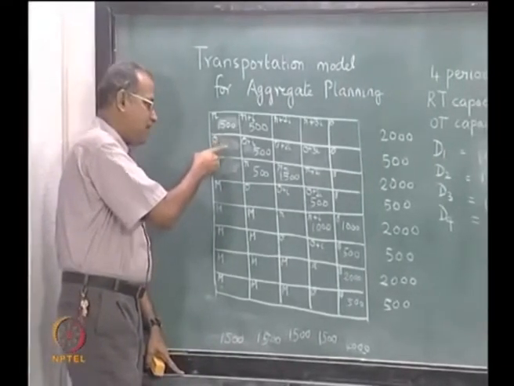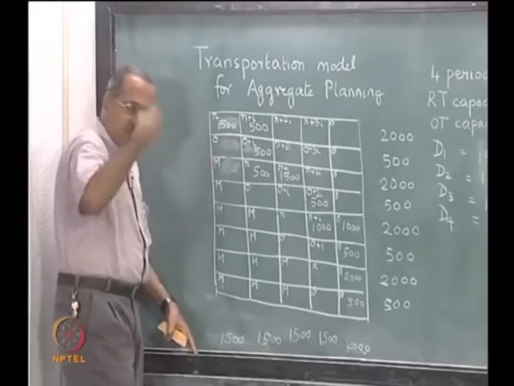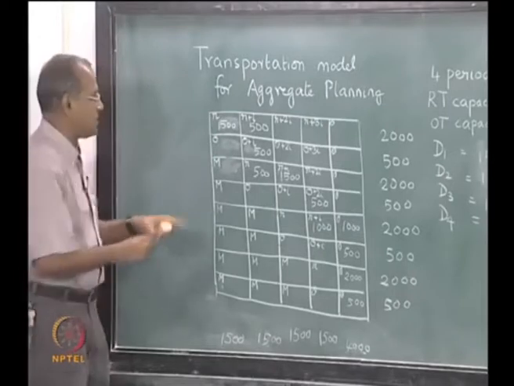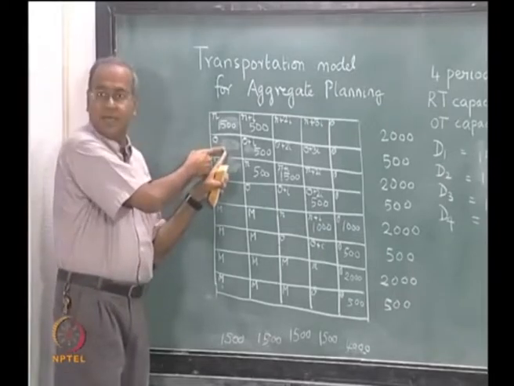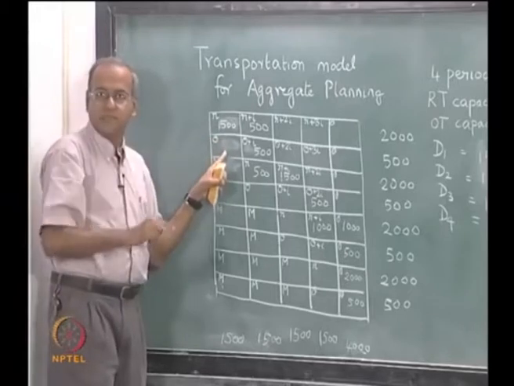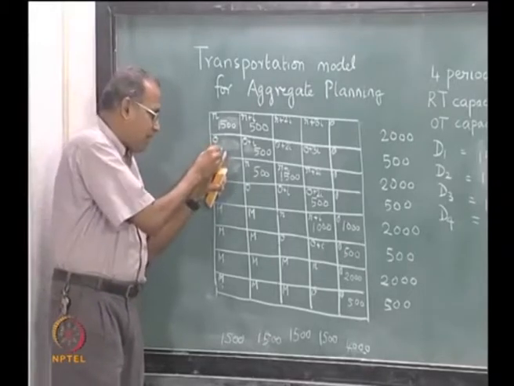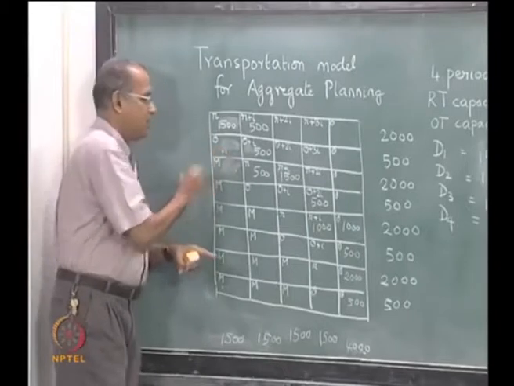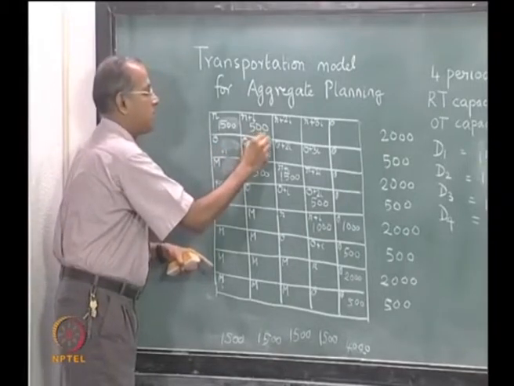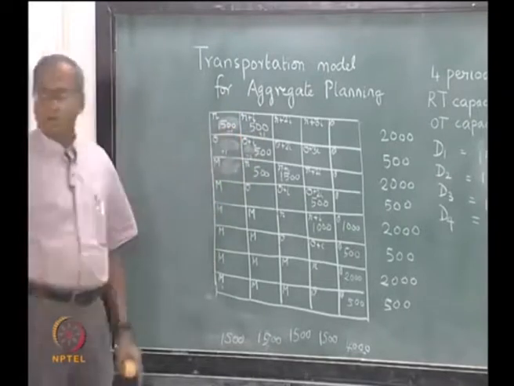The belief in stepping stone is that if this were in the optimal basis and I put a +1 here, then it will be advantageous, then it can enter the basis. So, if I try and put a +1 here, now to balance it I will have to put a -1 here, I have to put a +1 here and I have to put a -1 here.